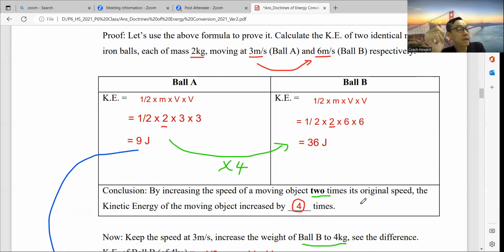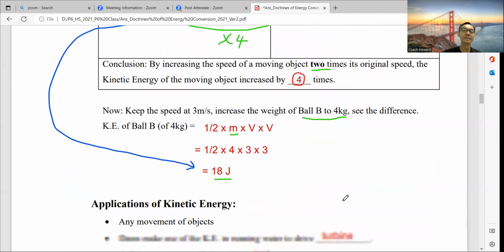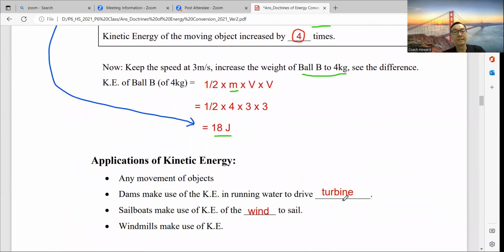But most bullets have an escape velocity, meaning the speed when it leaves the barrel, of about 300 to 350 meters per second. If you just use 300, 300 to the power of 2 is quite a big number. So the energy created by a moving bullet is quite big. You can calculate that yourself. So these are applications of kinetic energy.